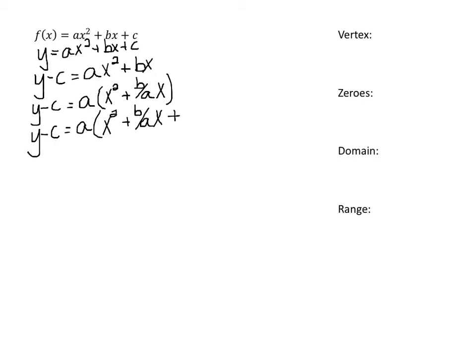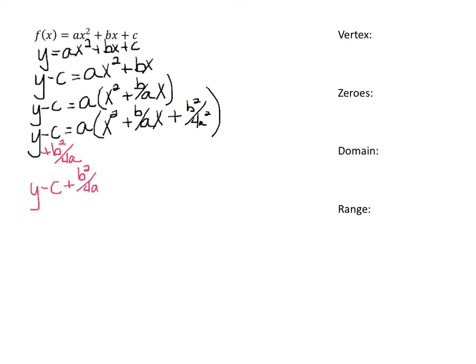So we cut b over a in half and then square it. So that becomes b squared over 4a squared. Now remember, when you added this, you actually have to add this times a to the other side. So we add b squared over 4a. That gives us y minus c plus b squared over 4a.